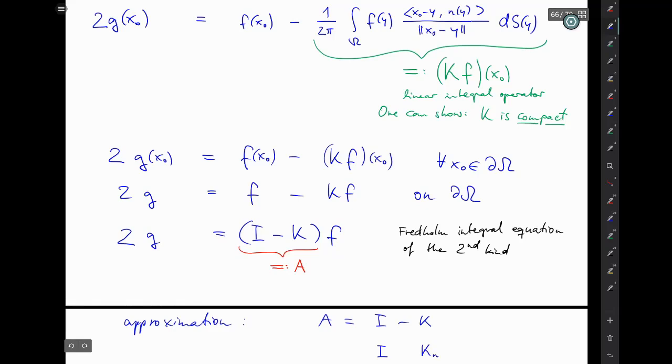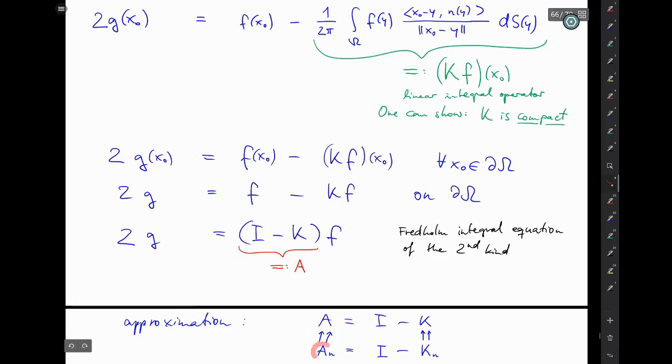You would approximate that by a sequence of compact, possibly finite rank operators K_n. And there's a very good choice, if you do your approximation right, that this will be uniform convergence. And then, if you call this result A_n, that will be uniform convergence. And then we all know the world is great, because we had this theorem at the very beginning of chapter 3, which says in the case of uniform convergence, invertibility of A already makes sure everything will be fine.